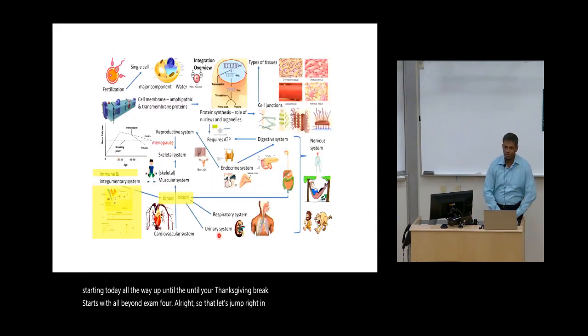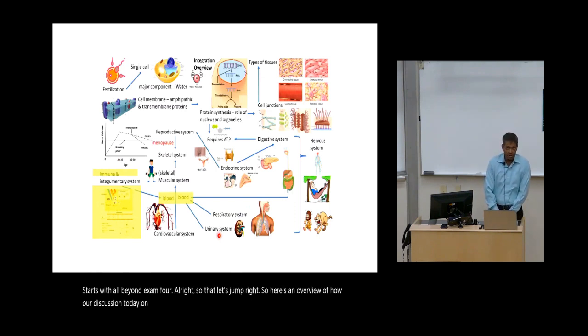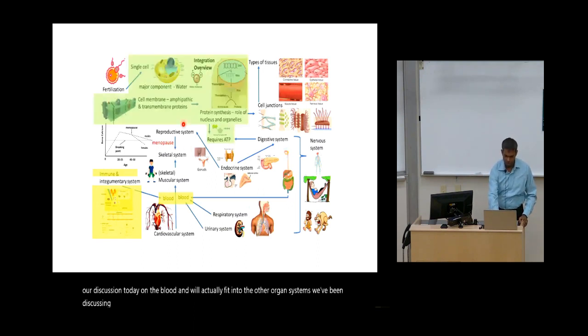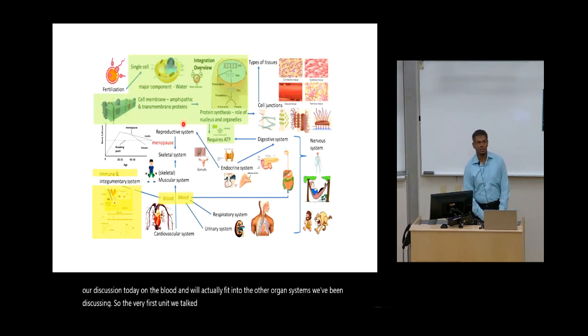So here's an overview of how our discussion today on the blood will fit into the other organ systems we've been discussing. In the very first unit, we talked about the main component of a cell, and the main component of a cell is water.